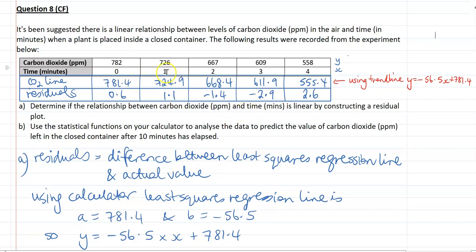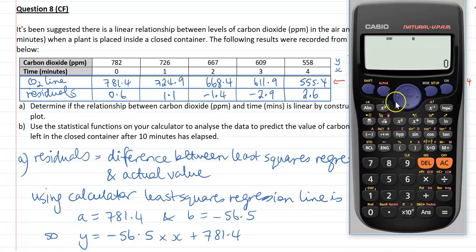If time was 1 minute, I'd put in negative 56.5 times 1 minute plus my 781.4, and I get a trend line value of 724.9. I'll do that for the other ones.